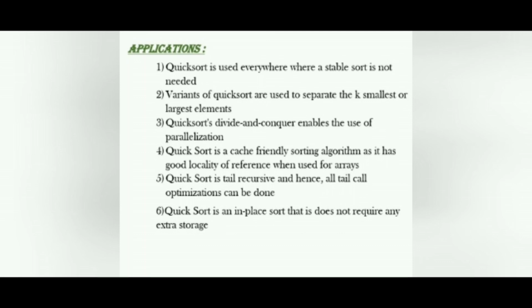Quicksort is a cache-friendly sorting algorithm as it has good locality of reference when used for arrays. Quicksort is tail recursive and hence all tail call optimizations can be done. Quicksort is an in-place sort in that it does not require any extra storage.